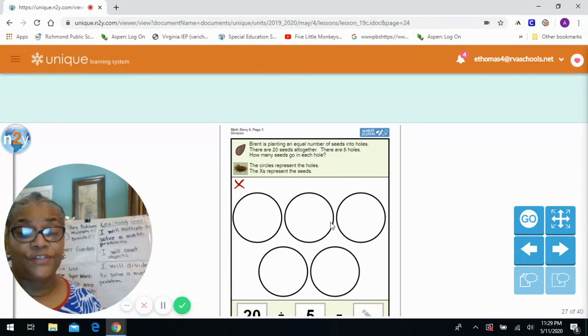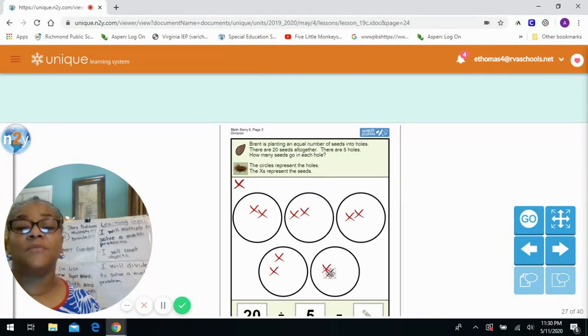So what do we have to do? We have to put 1 in each hole until we are out of seeds. So we put 1 here, there. Let's keep going. One there, and one there, one there.